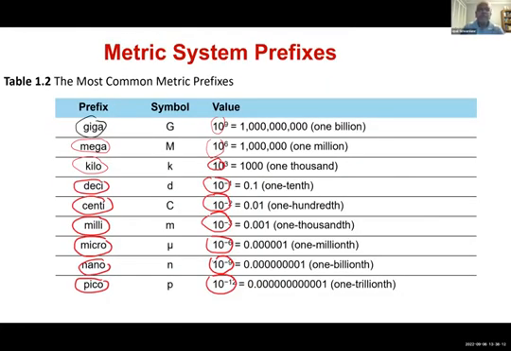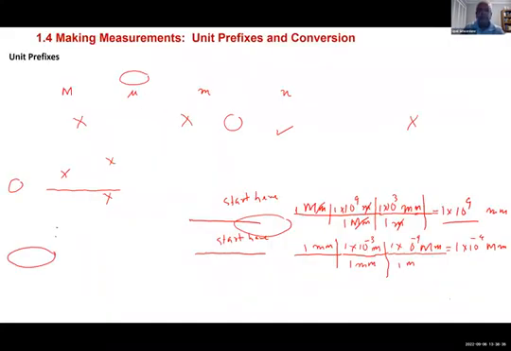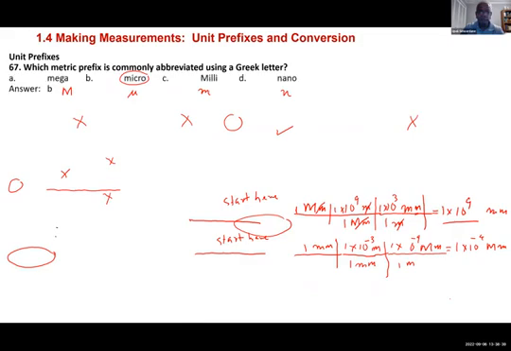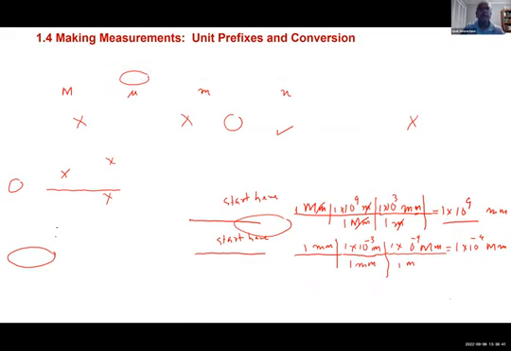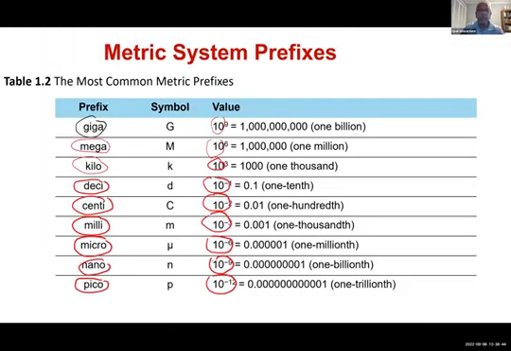Now, one more thing to remember is all these numbers here: 10 to the 9, 10 to the 6, 10 to the 3, 10 to the -1. You must remember these. Pico is 10 to the -12. It's the lowest scale of metric prefixes. So if I ask you what is centi, you should know 10 to the -2.